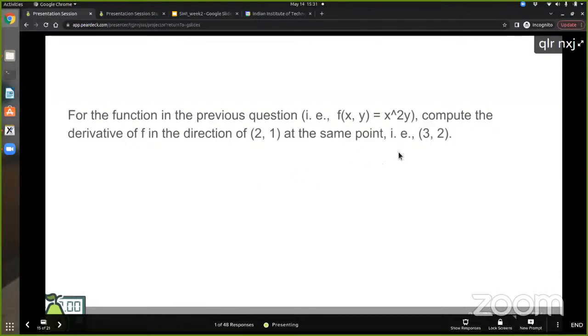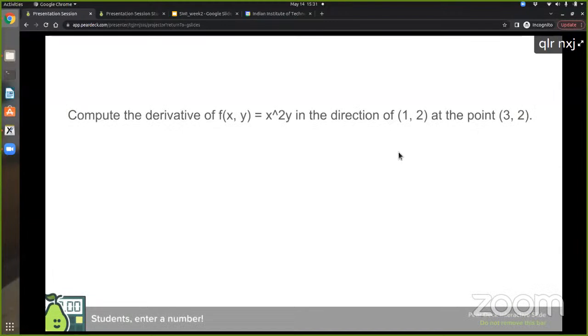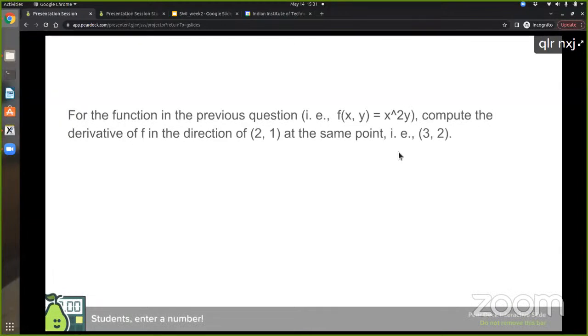So I want to highlight one thing. When the direction is different, there's a different derivative. For any given function, there are different values of derivatives, which precisely means the rate of change of the function.